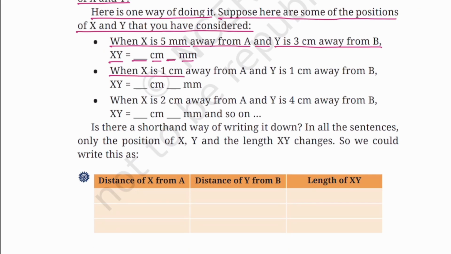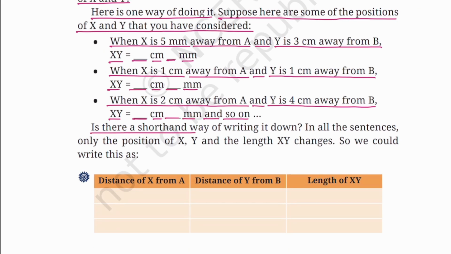When X is 1 cm away from A and Y is 1 cm away from B, XY is dash centimeter dash millimeter. When X is 2 cm away from A and Y is 4 cm away from B, XY is equal to dash centimeter dash millimeter, and so on.